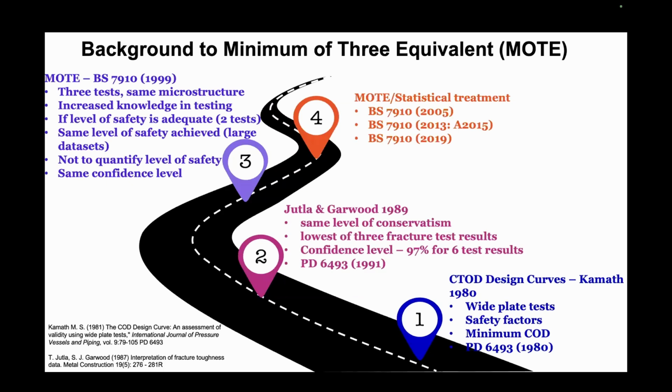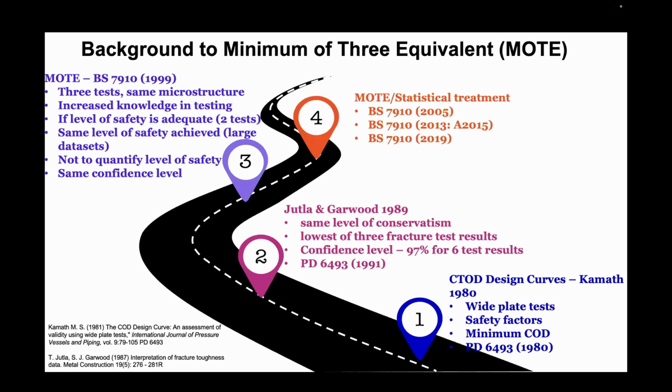And then Garwood moved on to use statistics again to imply that if we test the minimum of 3 and the same level of safety is achieved or is adequate, then we can imply that testing more specimens or having larger data sets drives the same level of safety.